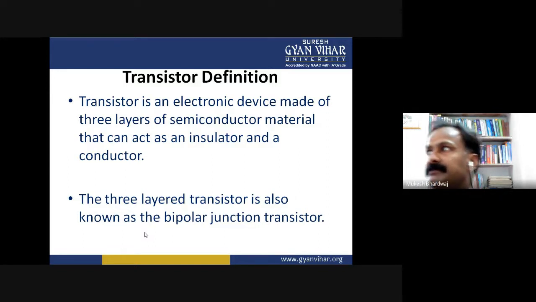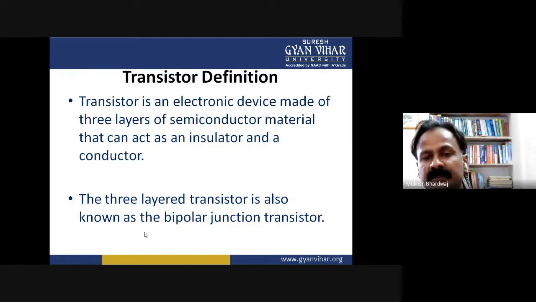Why is this termed a bipolar junction transistor? Because, as we will see in the further slides, there are two junctions. The junction we discussed in the diode is the point of contact between two semiconductors, p or n type, which when diffused or joined to each other form a junction, known as the depletion width, or the junction of the diode.